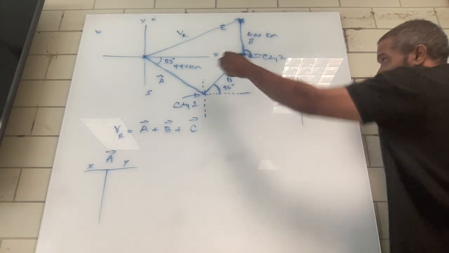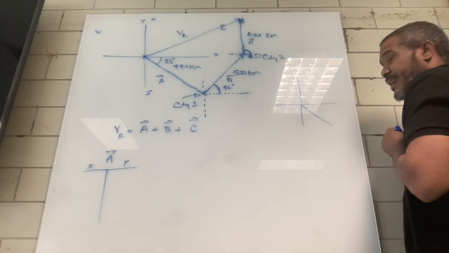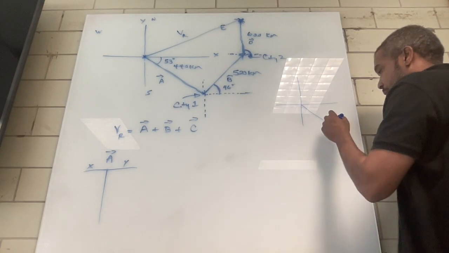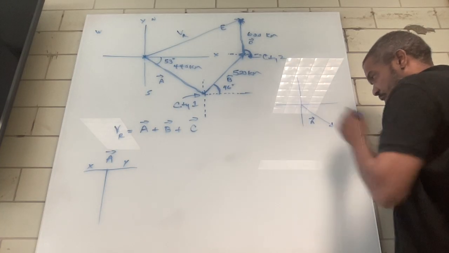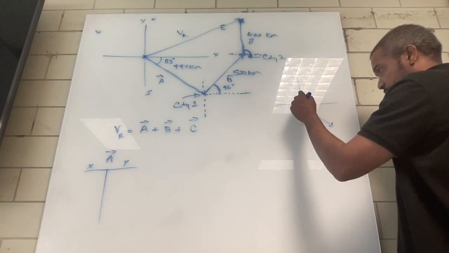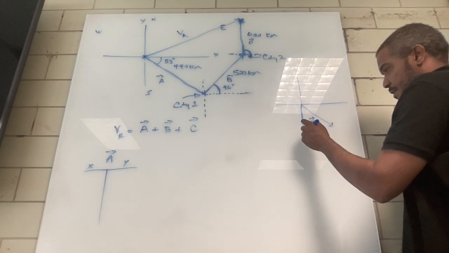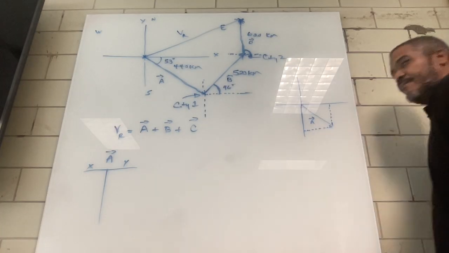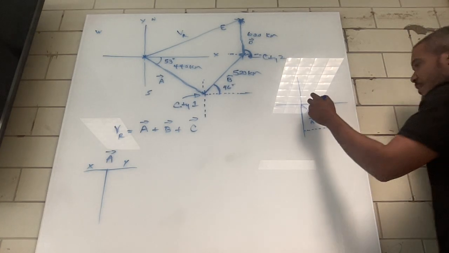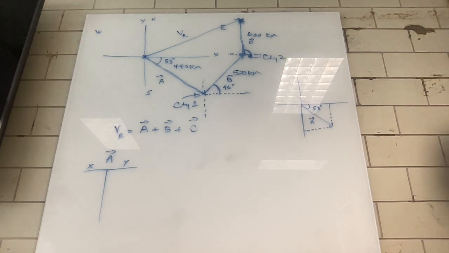If you have a problem with seeing it here, you can just draw it by itself right here. Now we got vector A by itself, so we should be able to see the components. This is X, this is Y, and we did it from 53 degrees. So what we got?